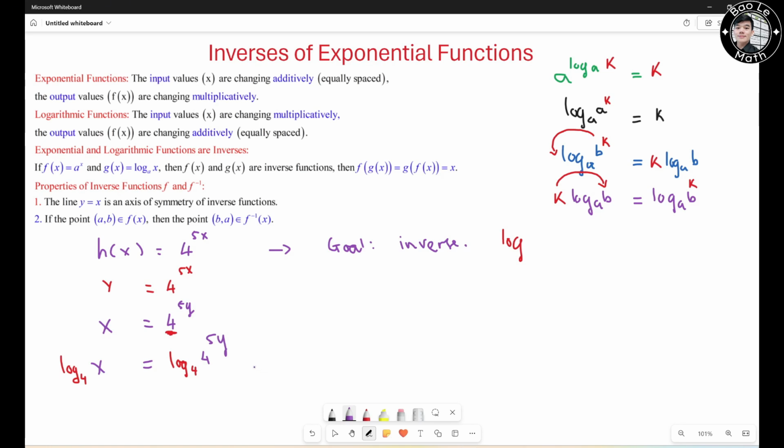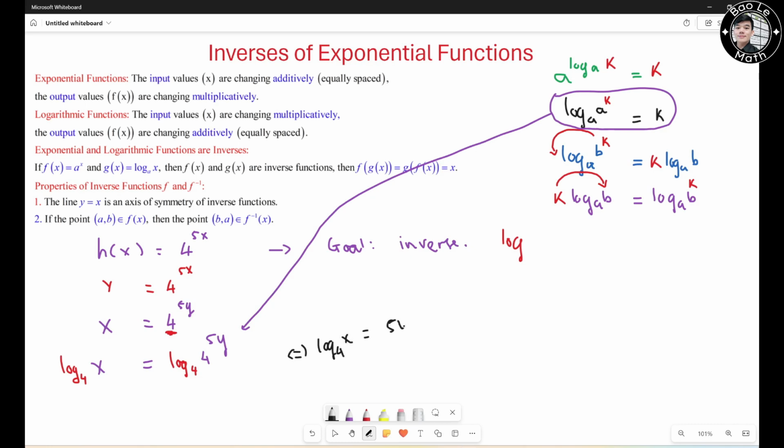Alright, so I'm going to apply the formula right here. So what do I have? I have log base 4 of s, and for the right side, this turns out to be 5y. Now I need to solve for y. I divide both sides by 5.